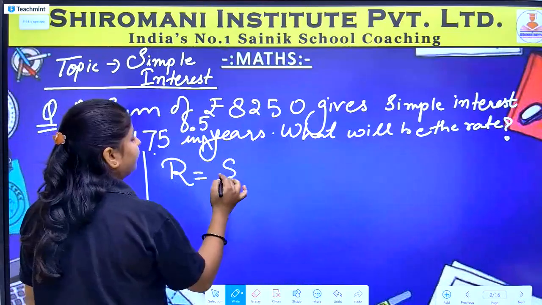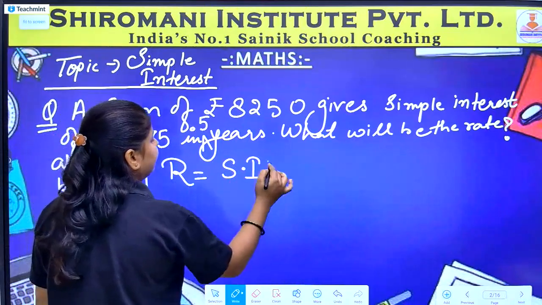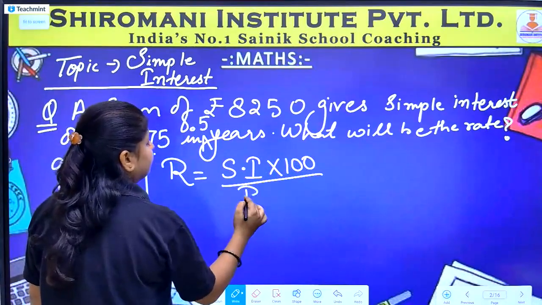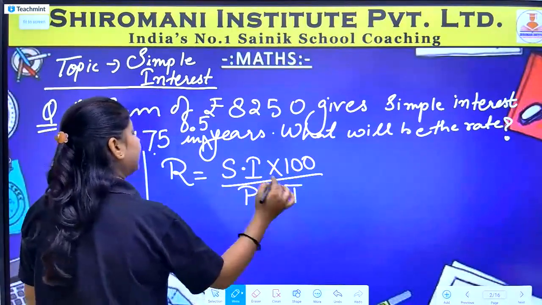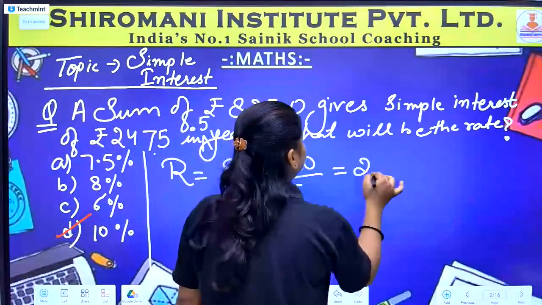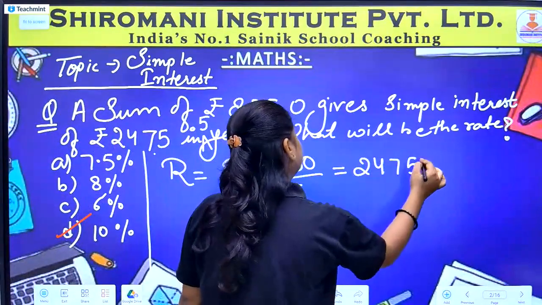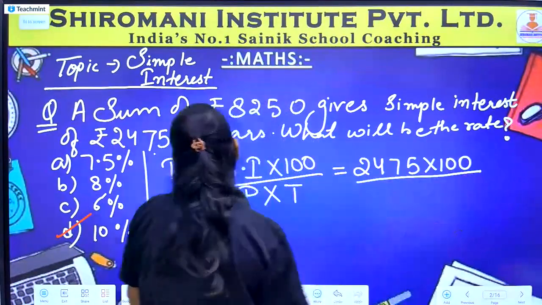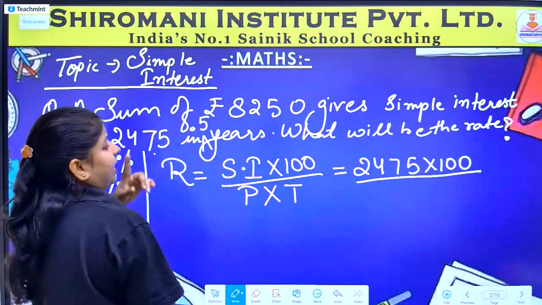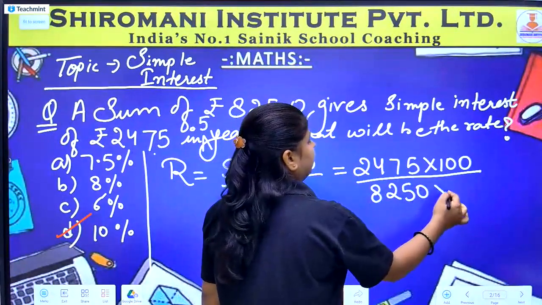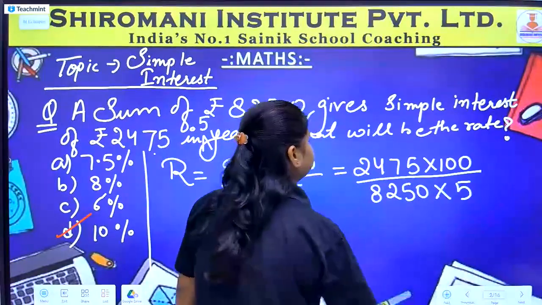The formula for rate of interest is SI into 100 upon principal into time. SI is 2475 into 100 upon 8250 into 5, right?